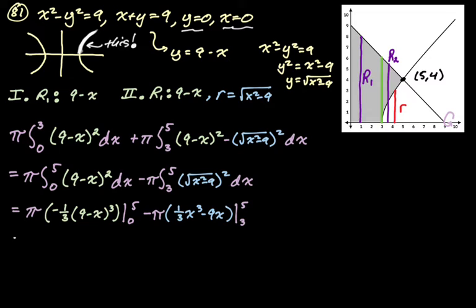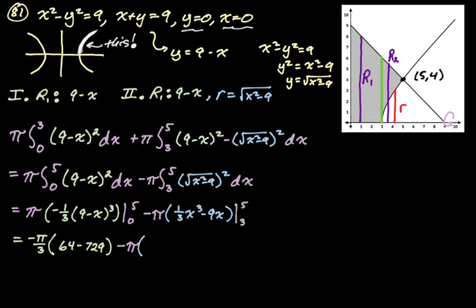So we have a negative pi over 3. We have to plug in 9 minus 5, so that's going to give us 4 cubed, which is 64. Then we have to plug in 0, so minus, plugging in 0 gives you 9 cubed. 9 cubed is 729, which you either know or you can work out with a calculator. Minus pi. When I say scientific calculator, I mean just do the arithmetic on your calculator.